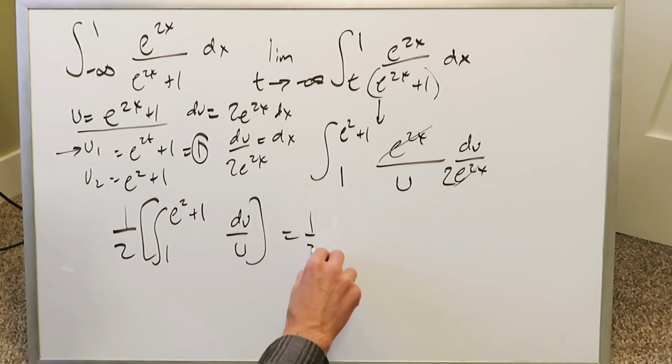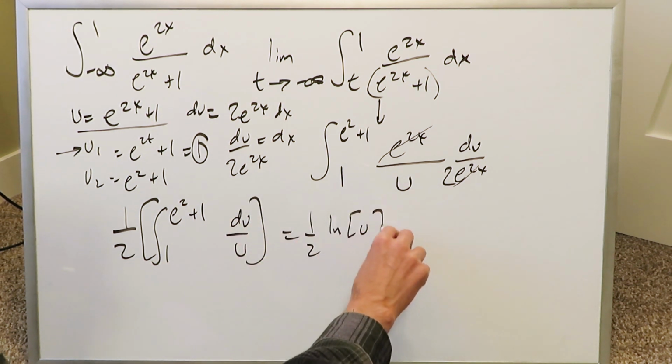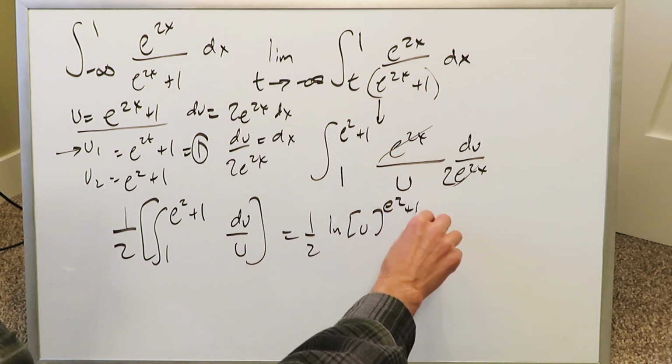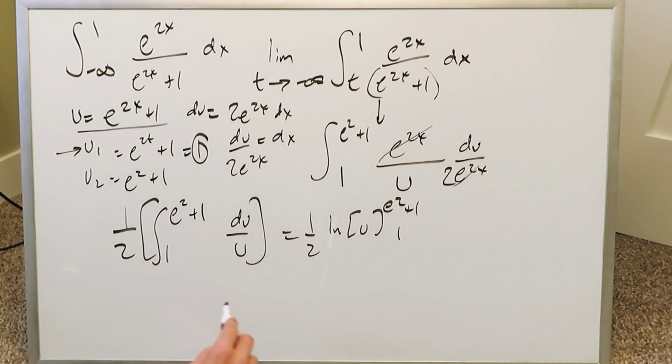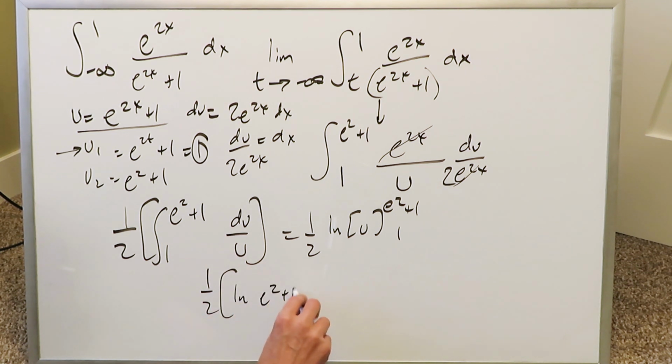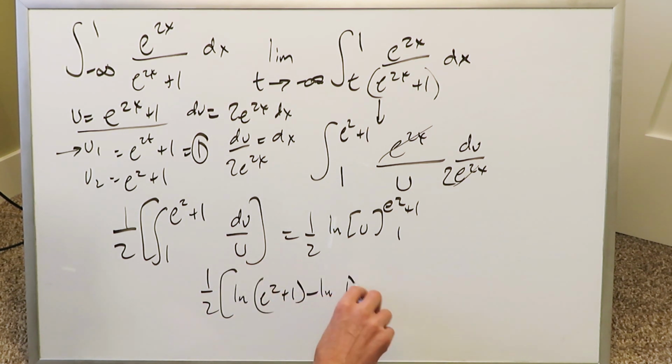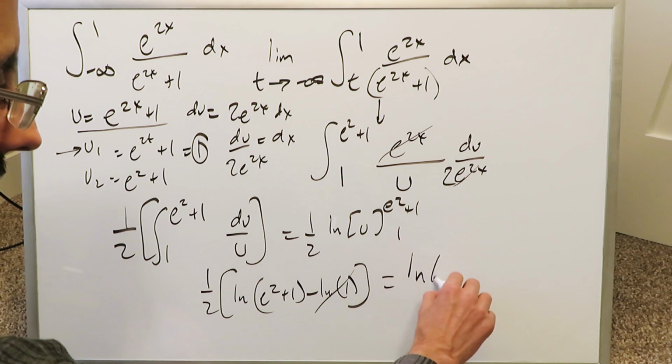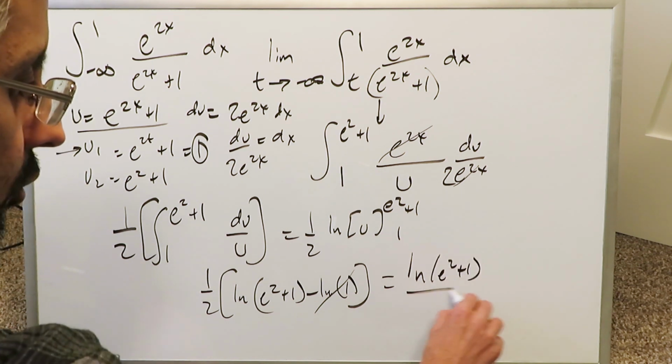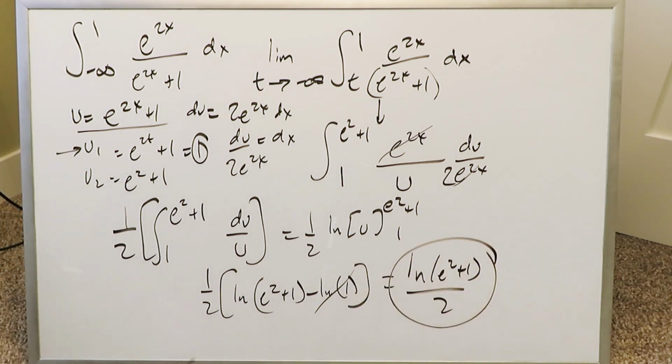And you know you're looking here at a natural log of u with upper limit e squared plus 1 and lower limit 1. You will do the difference of the two. You'll have natural log of e squared plus 1 minus natural log of 1. This natural log of 1 is a 0, so you're really looking at just this. When you do this evaluation, you're getting natural log of e squared plus 1, over 2, and that right there is the end result.